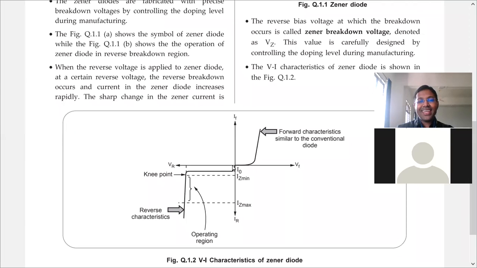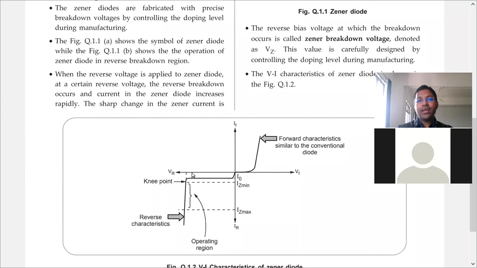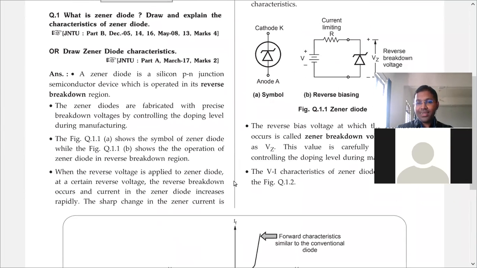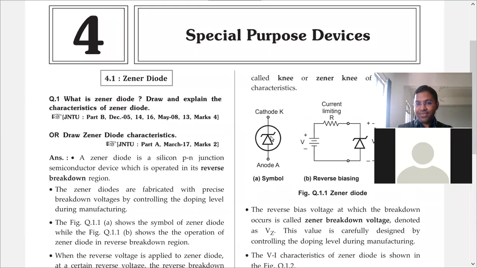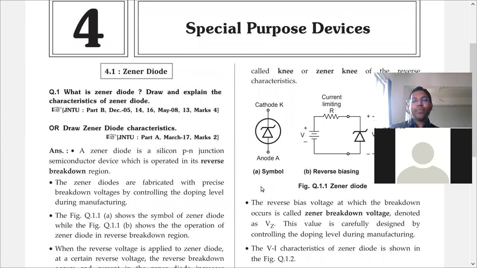If we gradually increase the reverse voltage across the Zener diode, I hope all of you remember this is the symbol of the Zener diode. It is like a diode, but there is a Z here. Tilt your head like this and you can see a Z. So this is the symbol of the Zener diode. I hope all of you remember.